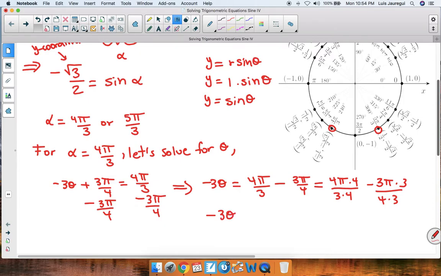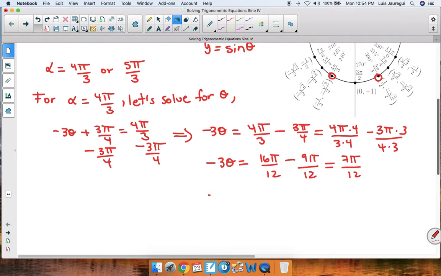Negative 3 theta is equal to 4 times pi times 4, which is 16 pi over 12, because 3 times 4 is 12, minus 3 times pi times 3, which is 9 pi over 12, because 4 times 3 is 12. So this gives you 16 pi minus 9 pi, which happens to be 7 pi all over 12. So we have the equation negative 3 theta is equal to 7 pi over 12.